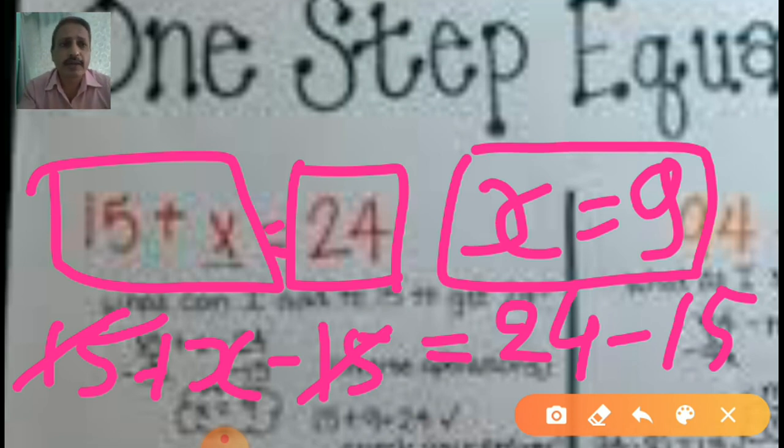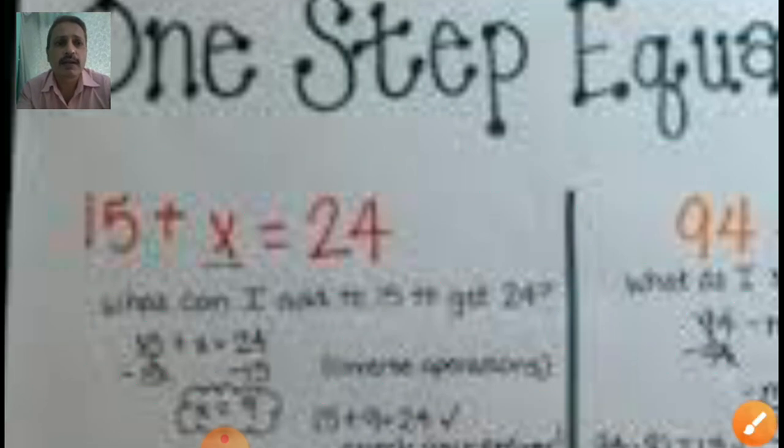Which is the method? Very simple. Whatever the equation, you have to keep only the variable on the left side. Whatever numbers are there, you have to shift them to the right side. But there is a rule for shifting numbers from left to right, or changing sides.